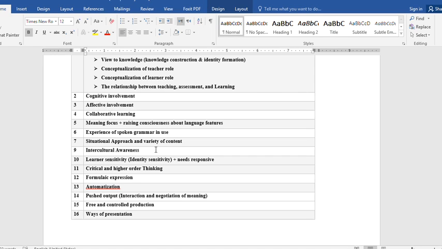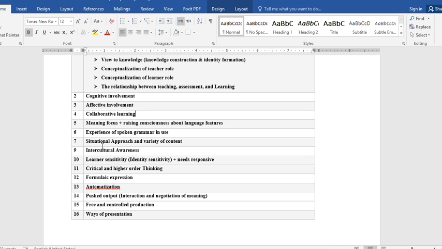So you should have the experience of a spoken grammar, not a spoken practice of written grammar. So if the materials include dialogues, the dialogues should be written based on what? A spoken grammar, a spoken language and discourse.